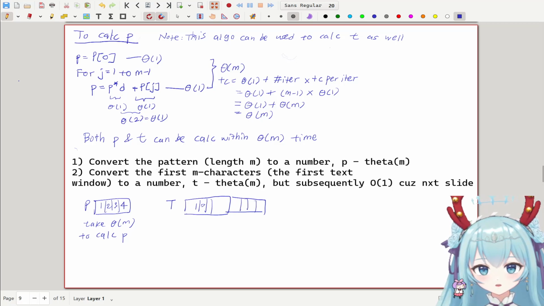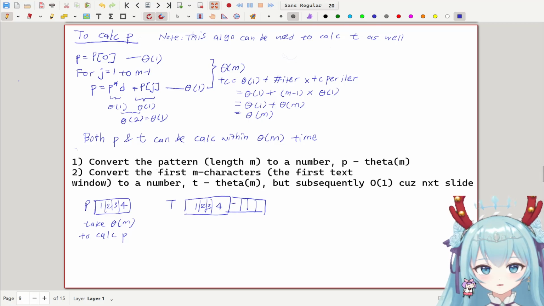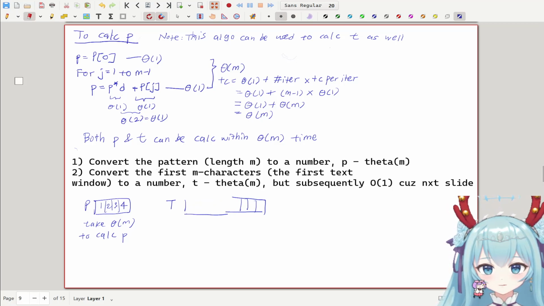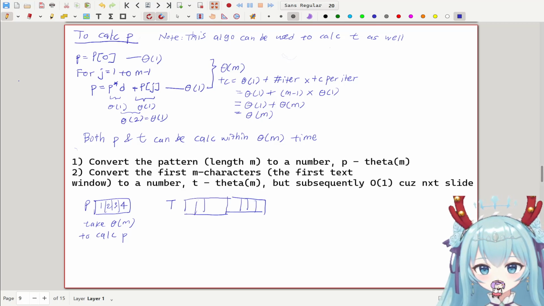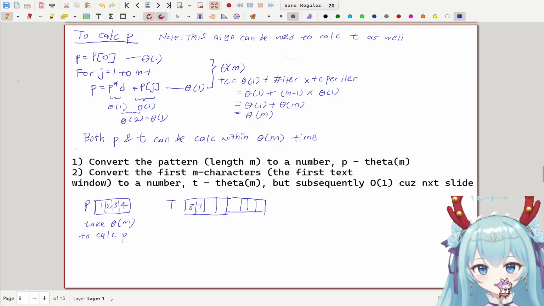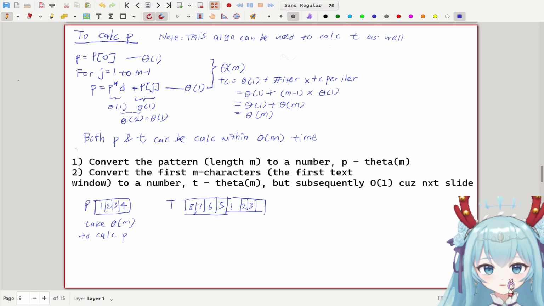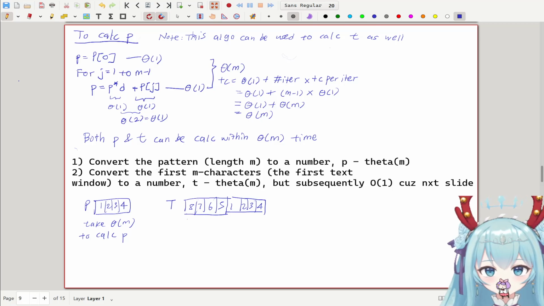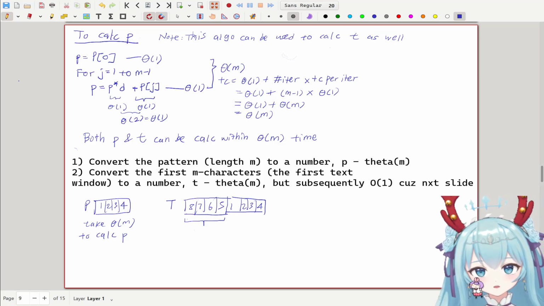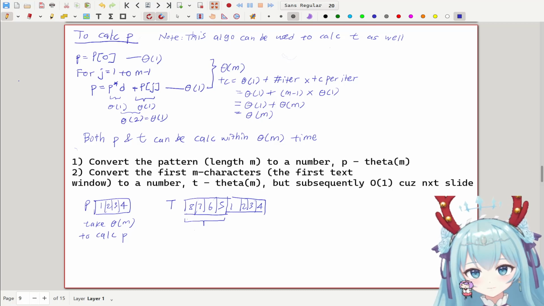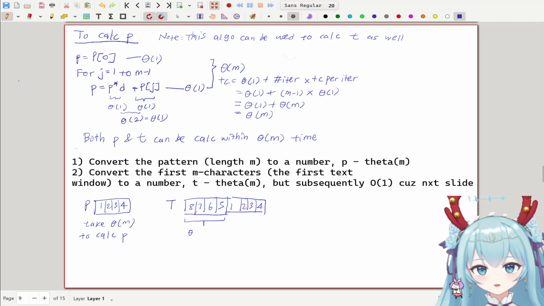Actually, let me use a better number: 8, 7, 6, 5, 1, 2, 3, 4. So we want to calculate the small t value for the first text window. You take theta of m.